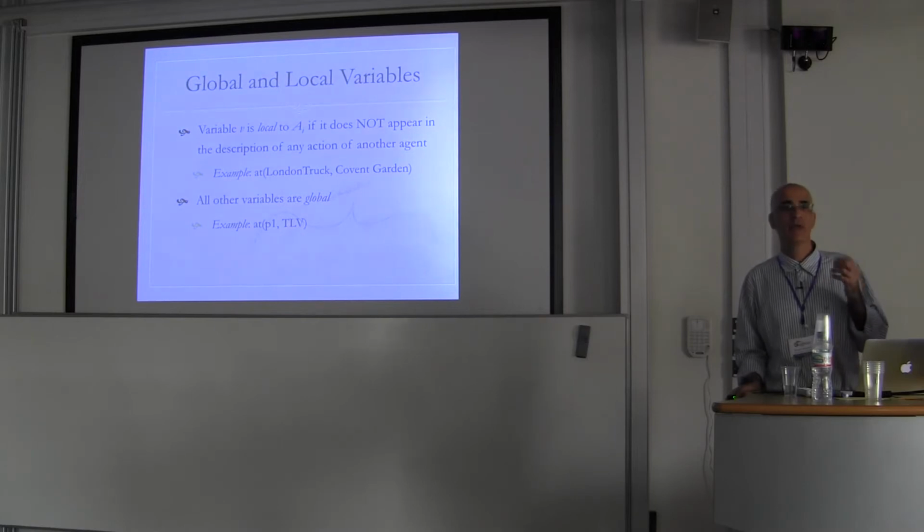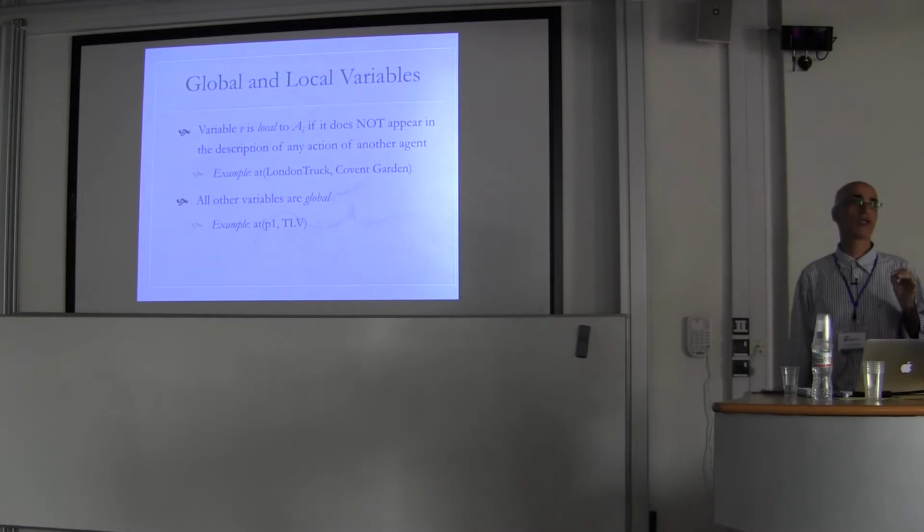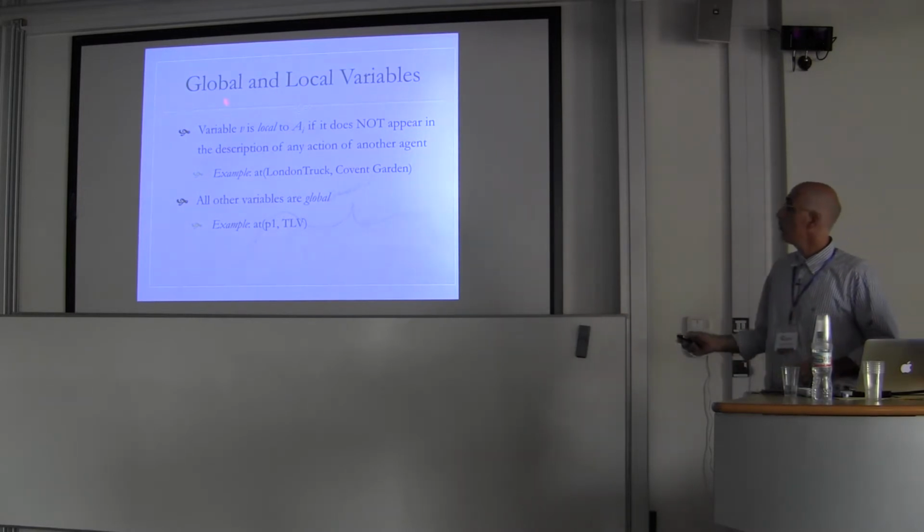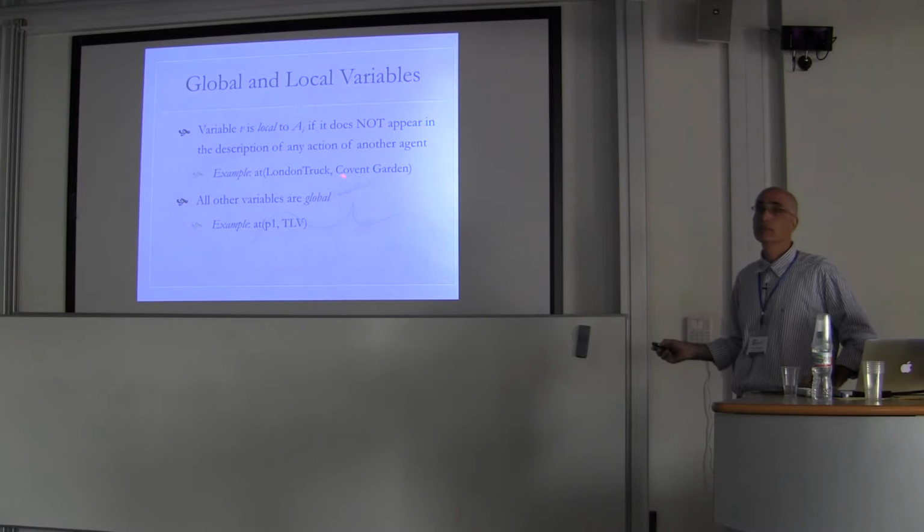The location of the London truck doesn't appear in the description of the load action for other agents, only for the London truck. It doesn't appear in the unload description of other agents, so it only appears in the description of actions by the London truck. So we call this a local variable. This is a variable that's local to the London truck.